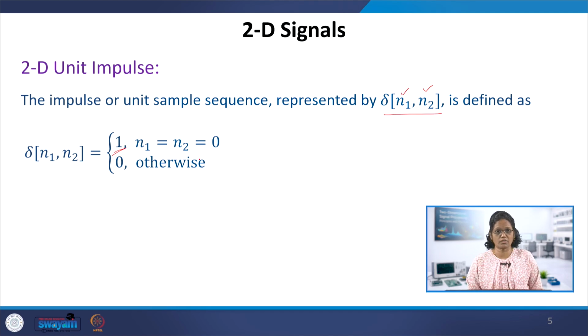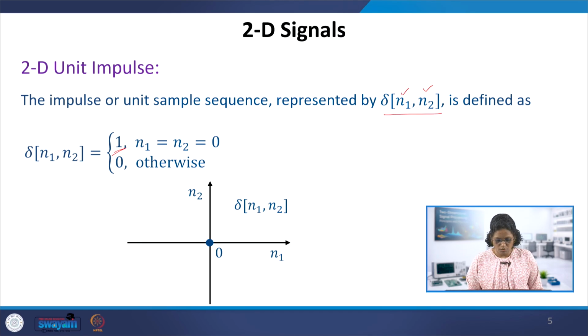How do we picturize this in a plot? In 2D, the x-axis is n1 and the y-axis is n2. It can be x and y as well, but because we usually have time instances in sequences, we have taken the notation n1 and n2.